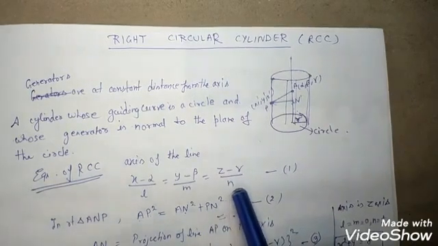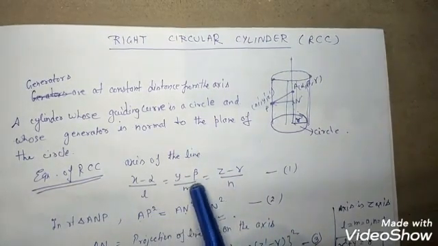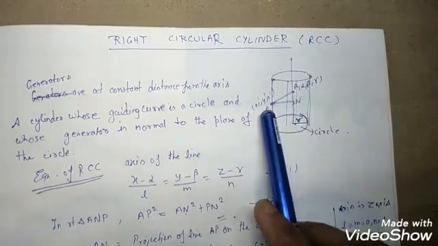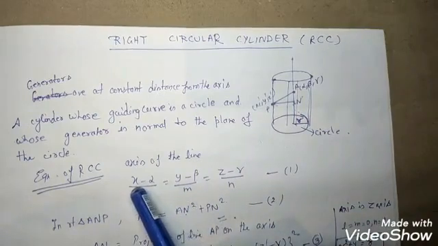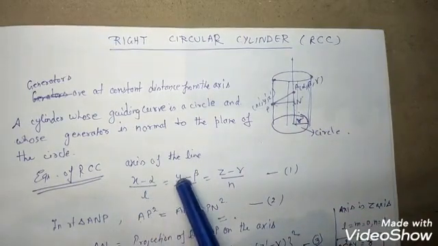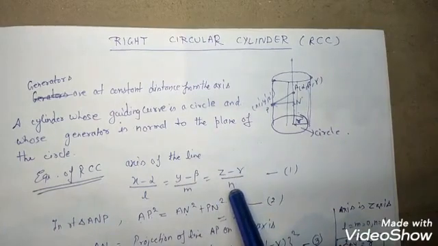Now the equation of the axis of the cylinder will be the equation of the line passing through the point A and having direction ratios l, m, n. This will be (x minus alpha) upon l equal to (y minus beta) upon m equal to (z minus gamma) upon n.